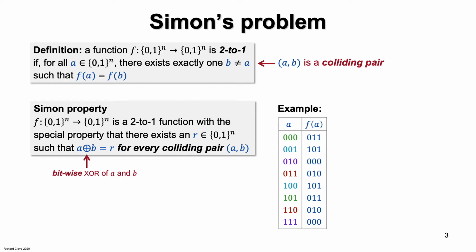If you take any colliding pair A, B and take the bitwise XOR of A and B, you will always get the same 3-bit string. Can you see what that 3-bit string is in this example? Please pause the video and think about this.